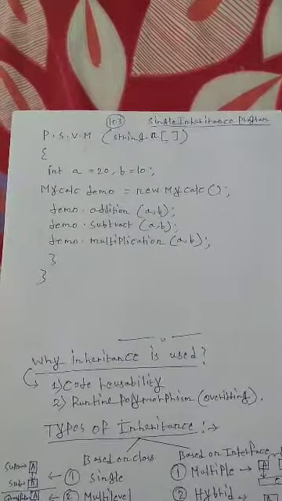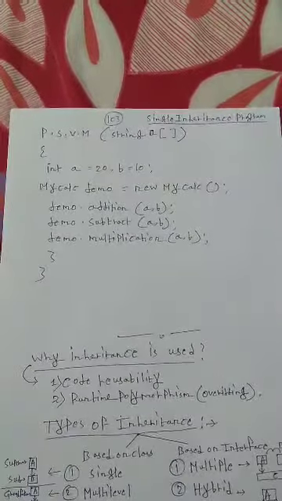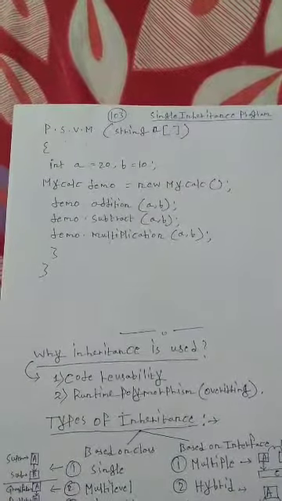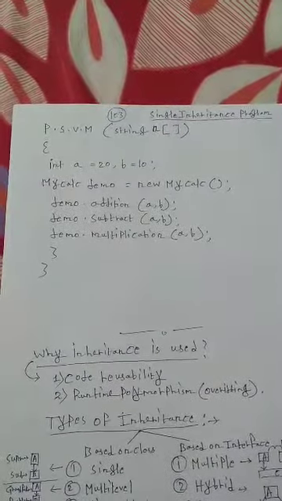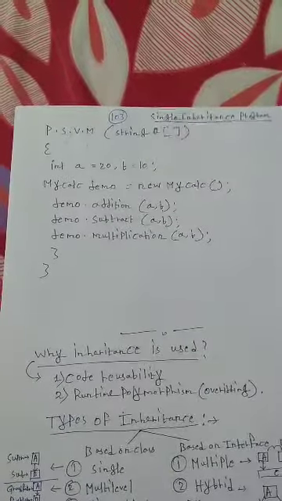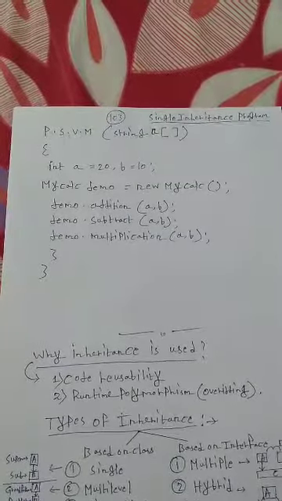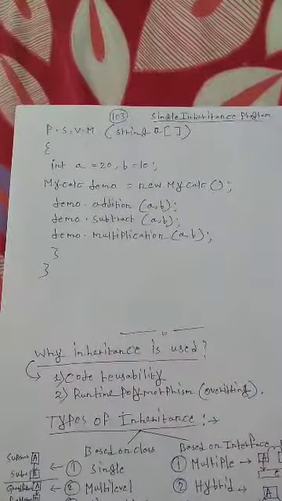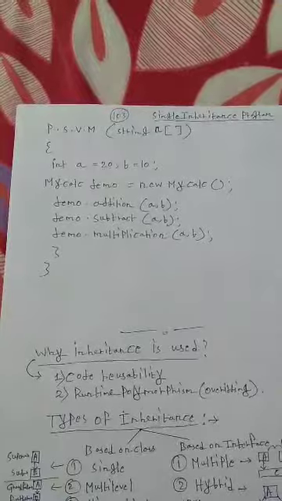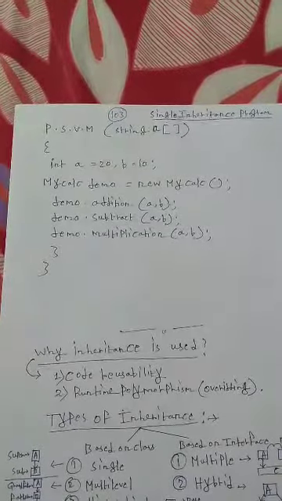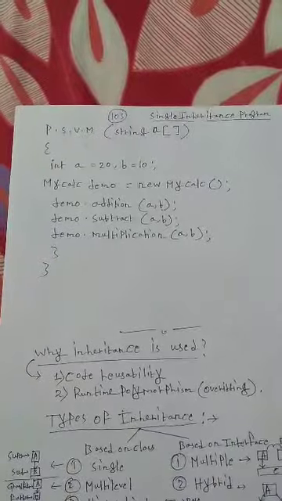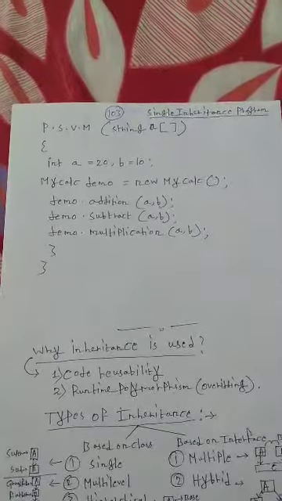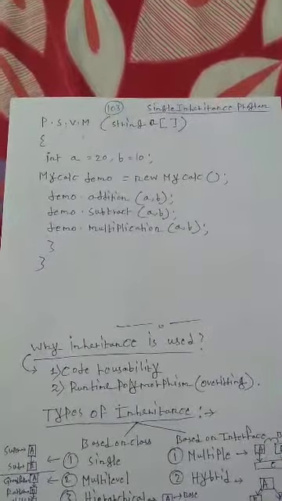Then we take integer a is equal to 20 and b is equal to 10, and assign the values. Then via the new keyword we can create the demo object, and call demo dot addition, demo dot subtraction, and demo dot multiplication. So here we can get the result.